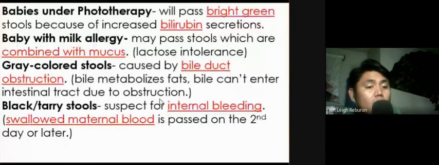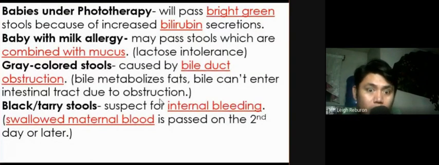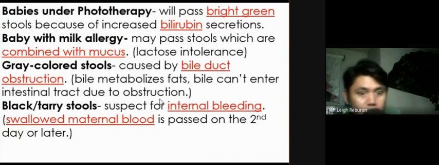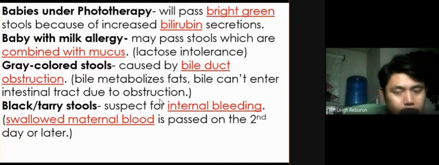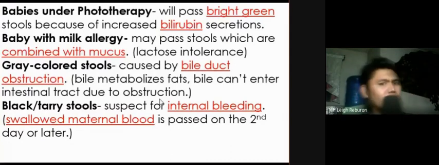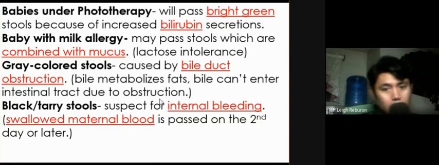Okay? When we talk about black tarry stool, if you eat the black gulaman at Chowking, that jelly-like dessert that is black in color, that's the appearance of the black tarry stool. When we see stool that black in a neonate or a patient, that may mean that the person is experiencing internal bleeding.